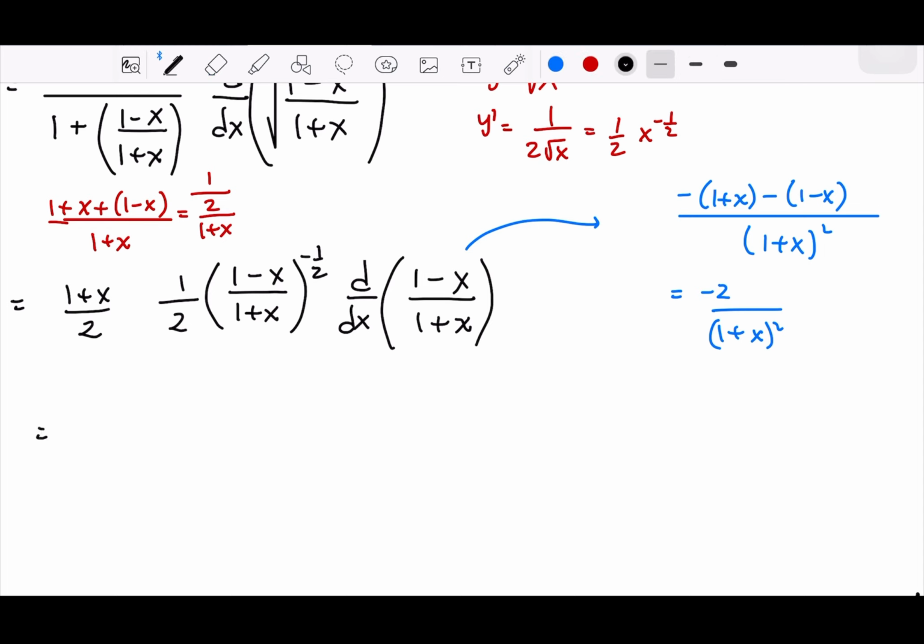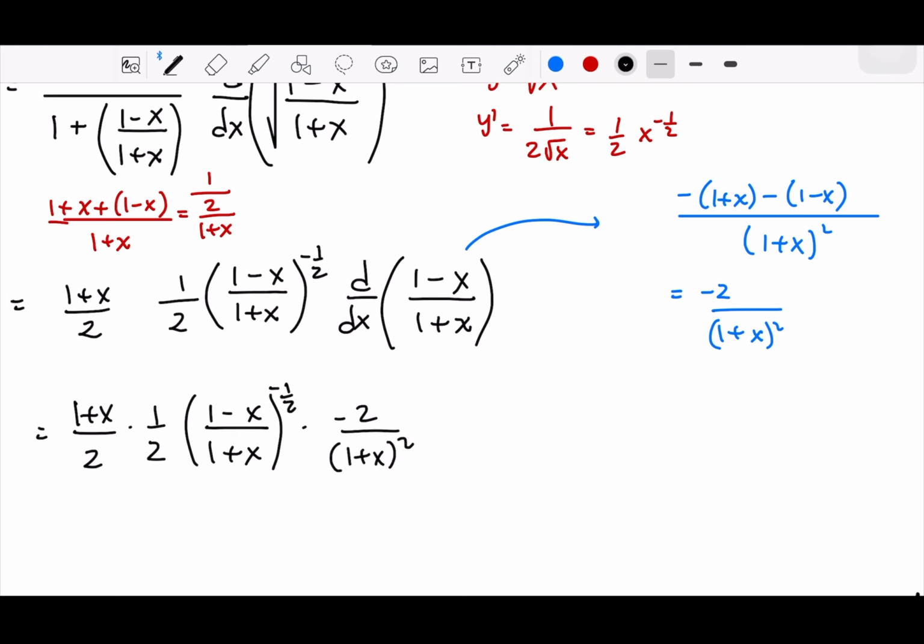So we're going to have (1 plus x over 2) to the half, and then we have this, and we have negative 2 over 1 plus x squared. We can cancel this with this, and we have 1 over 2, and then the negative 1 over 2.